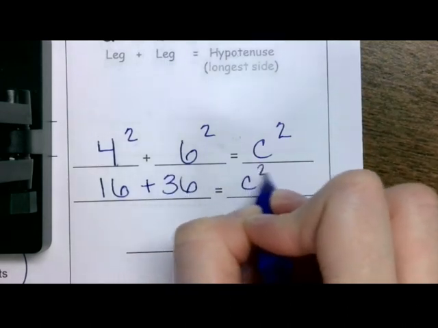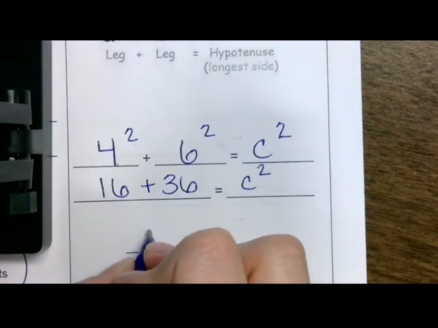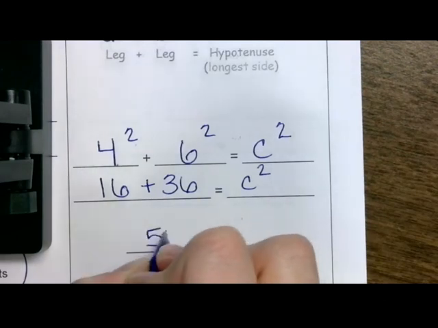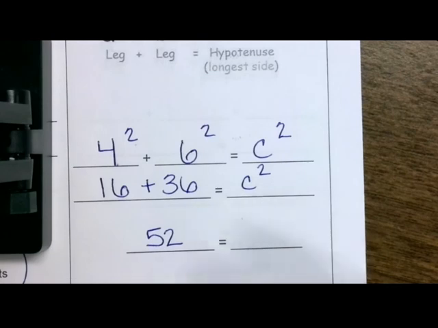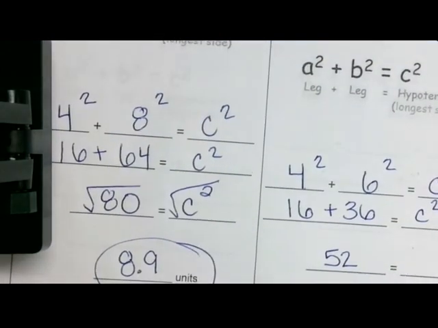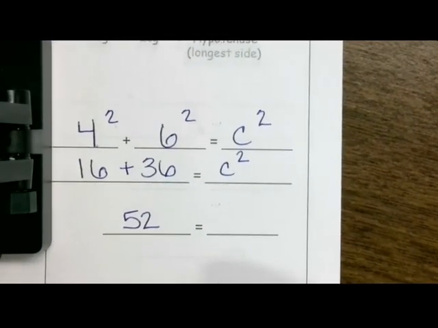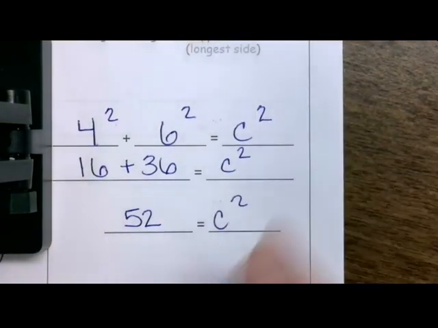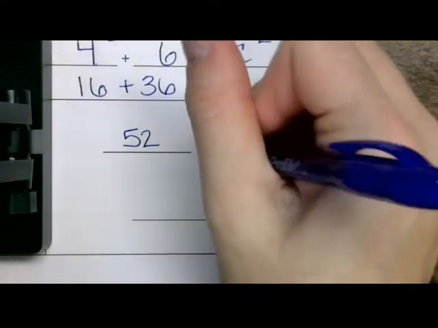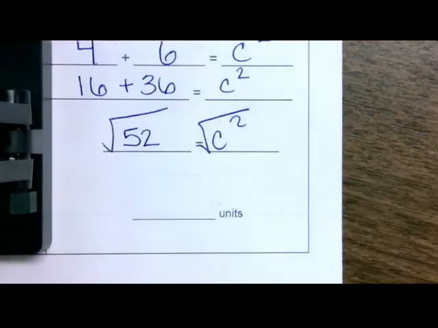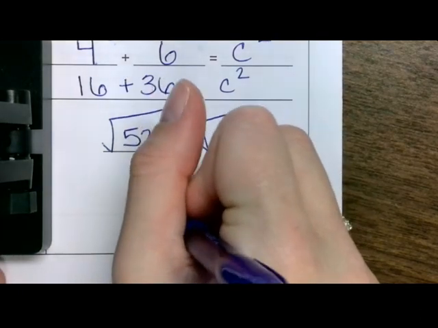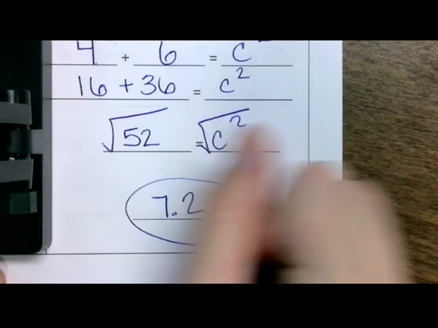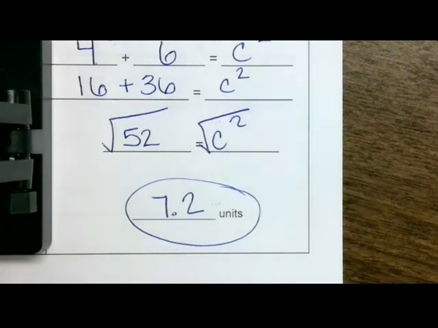And then if you add those two together, you get 52. And that equals C squared. And then when you take the square root of both sides, you get 7.2. And that is your final answer.